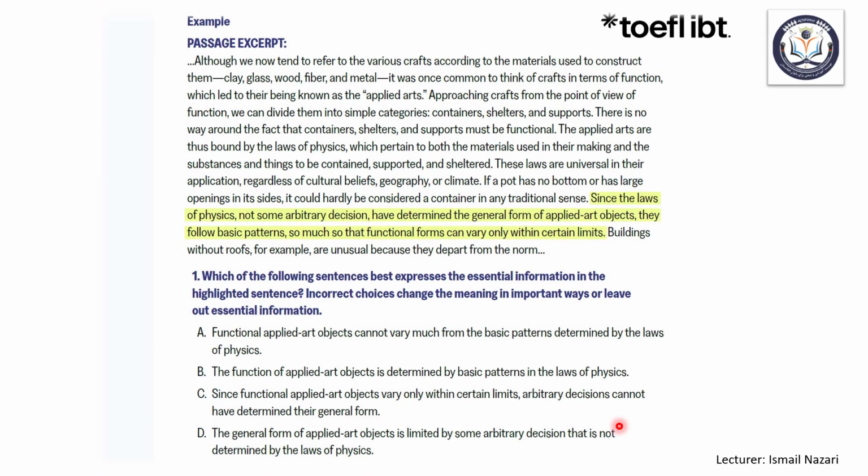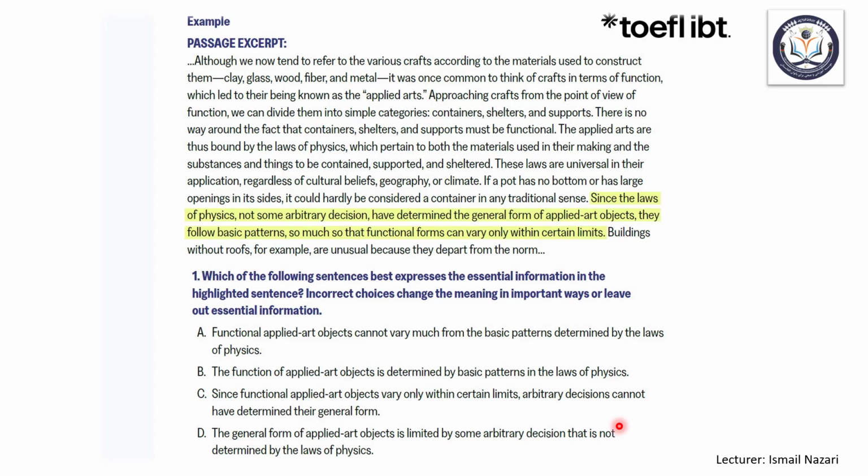So this is a sample question from the sentence simplification question type. Before going to the question and how to answer it, anytime you have this type of question, be careful of these points.